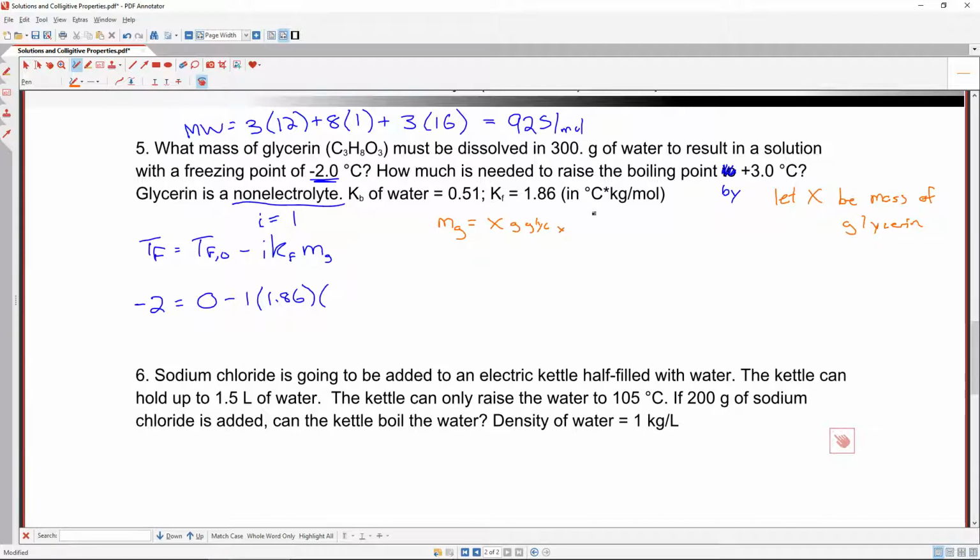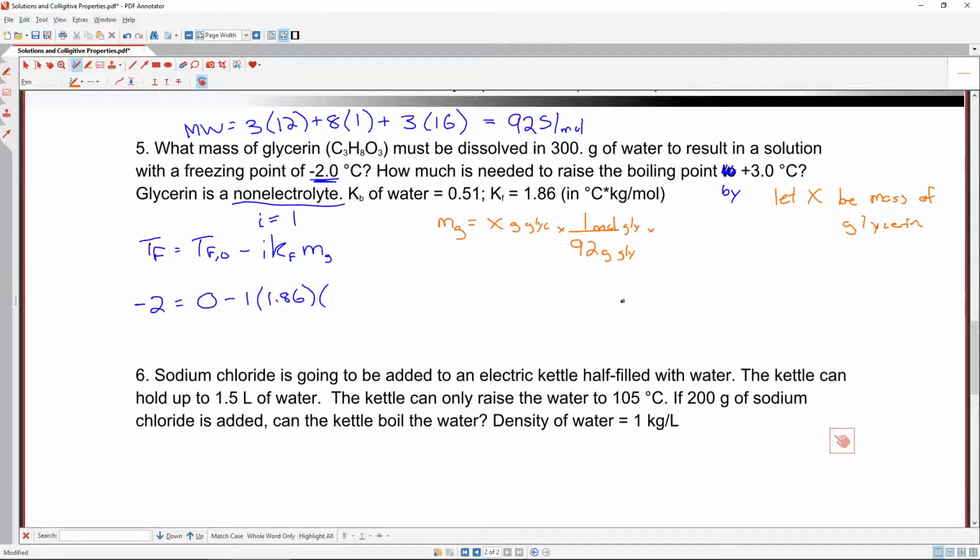We need this to be moles, because we're doing moles of glycerin per kilogram of water. So times 1 mole of glycerin per 92 grams of glycerin.